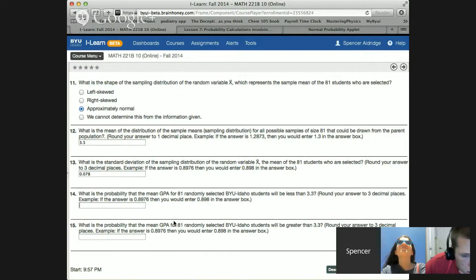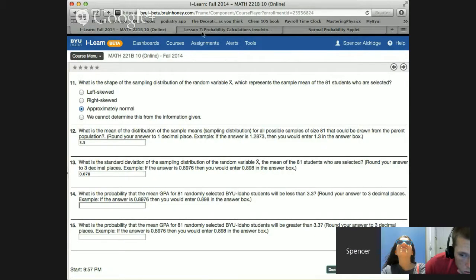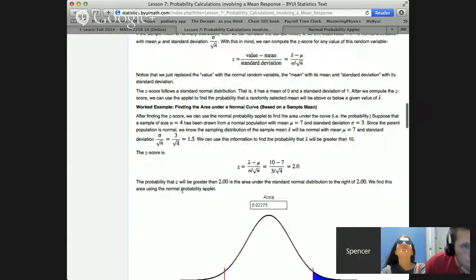What is the probability that the mean GPA for 81 randomly selected students would be less than 3.3? Can you use the applet for that or no? I don't think so.